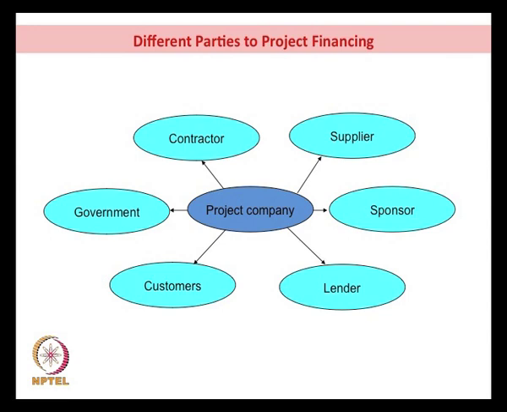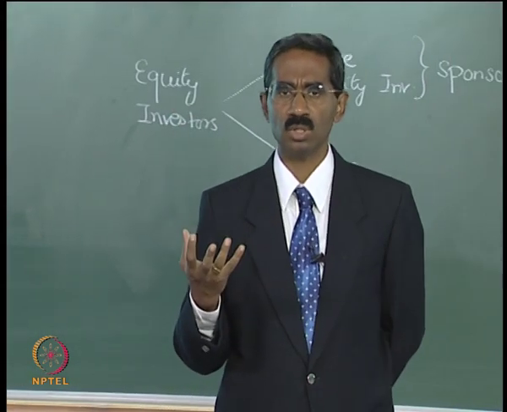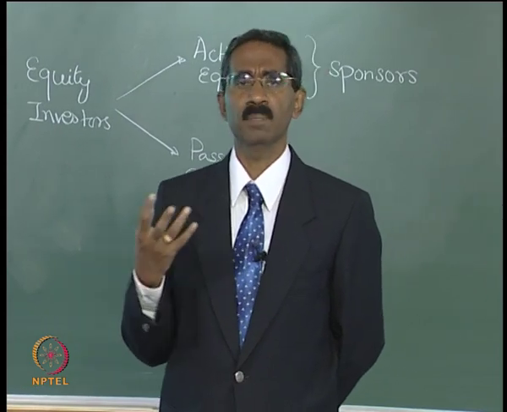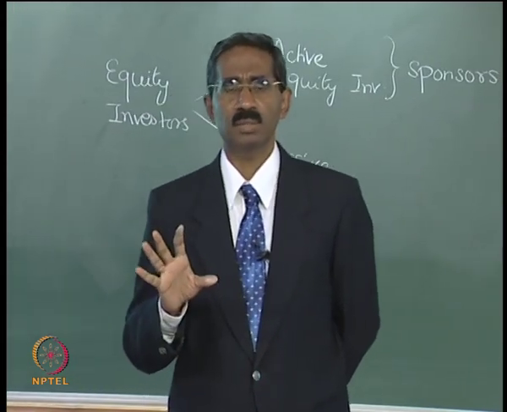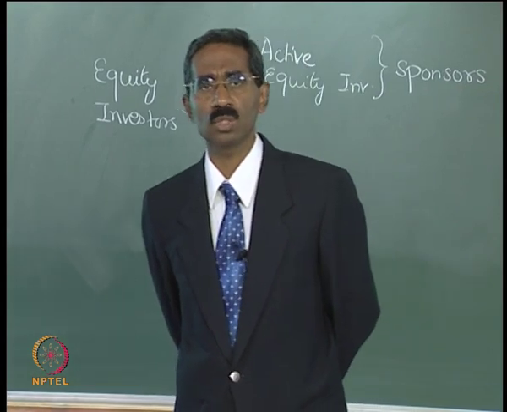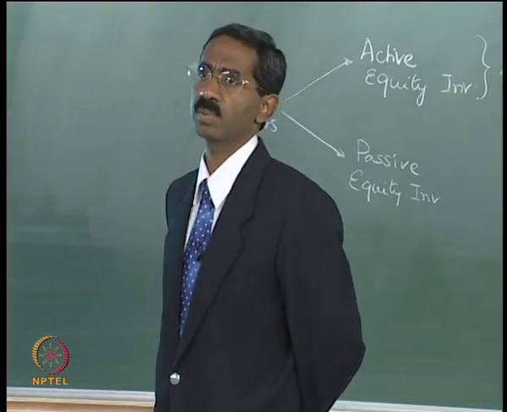Project finance is also known as non-recourse financing or limited recourse financing. These terms we will be using fairly interchangeably. There are very small nuances between limited recourse and non-recourse, which we will understand as we go along, but by and large these are used to denote a project finance company.